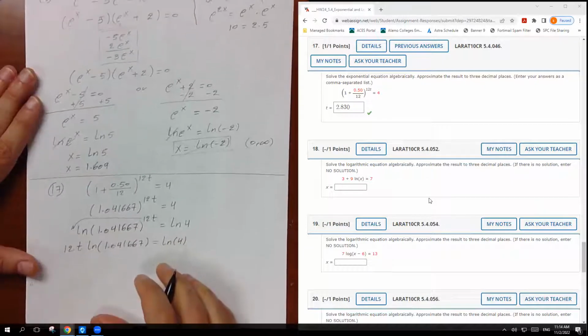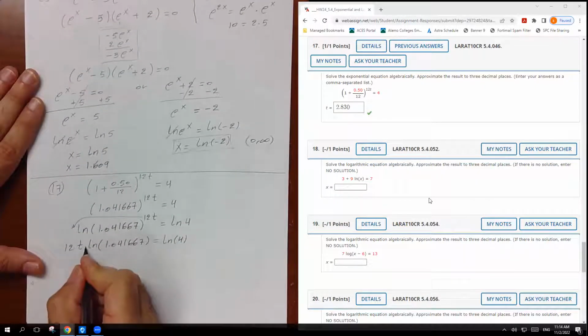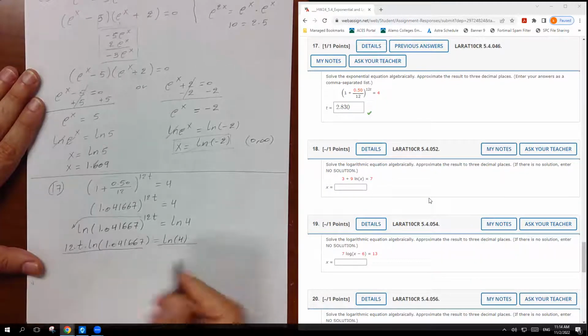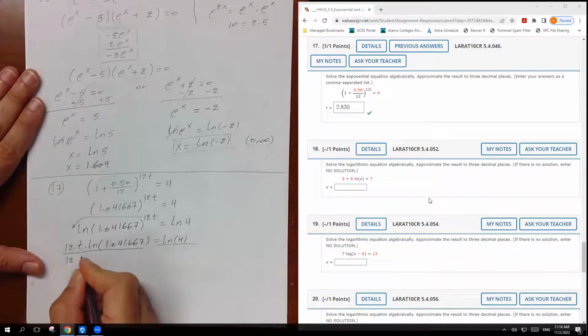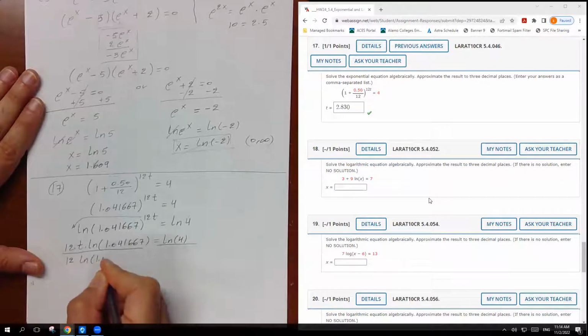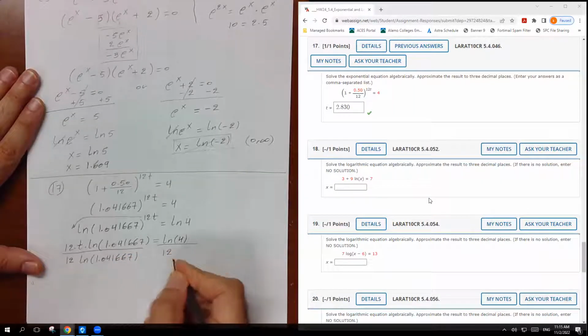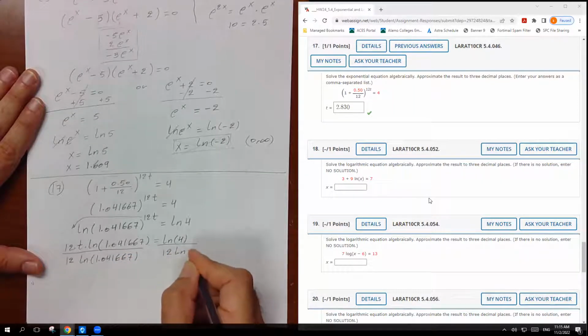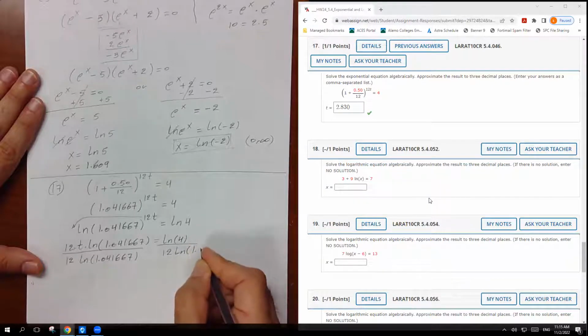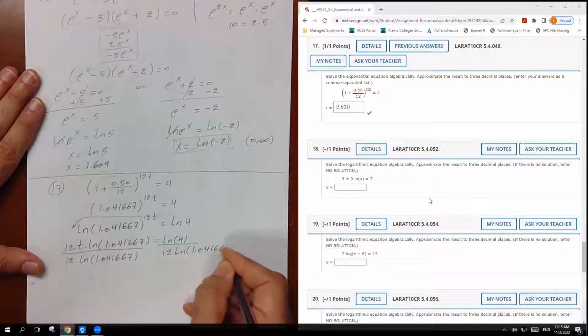Next step, I need to keep the t by itself, and there is multiplication between these numbers. So I'm going to divide by 12 ln 1.041667, and here's also 12 ln 1.041667.